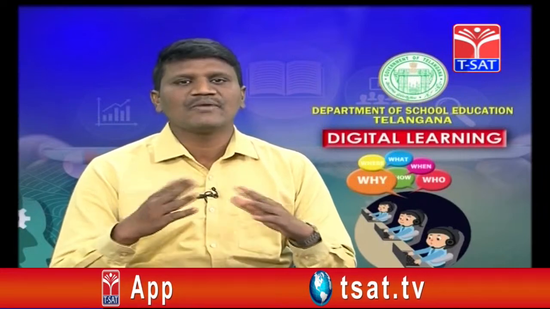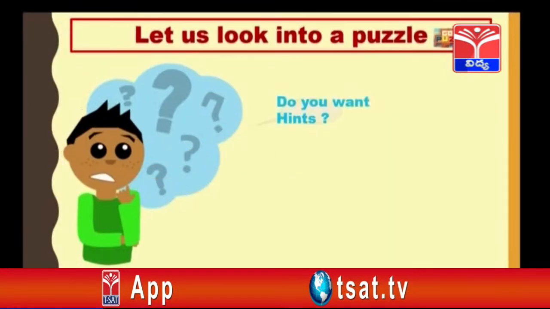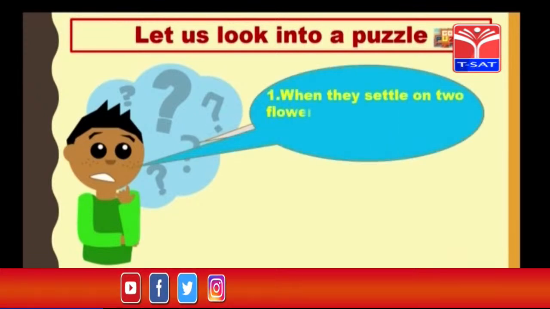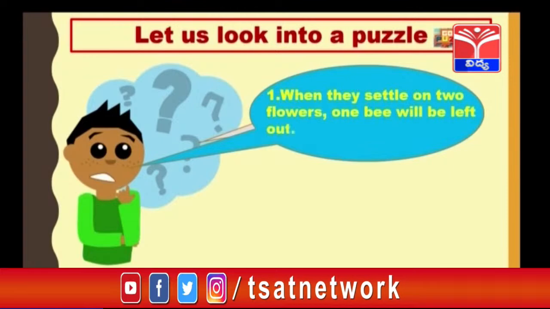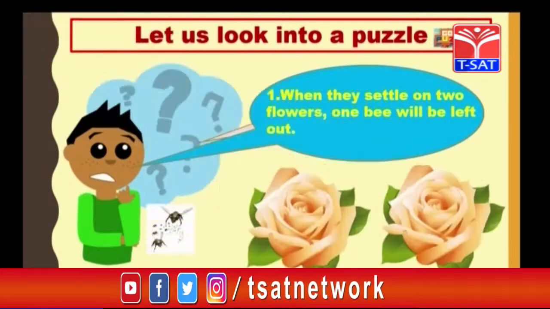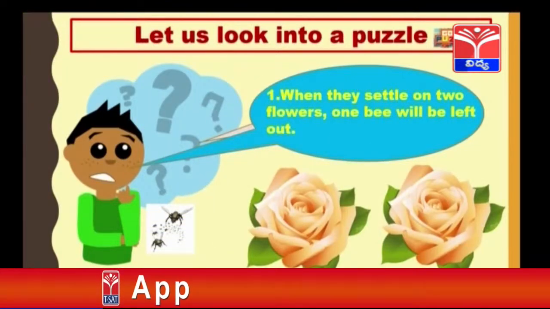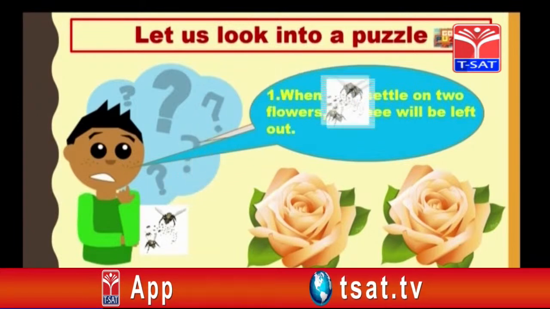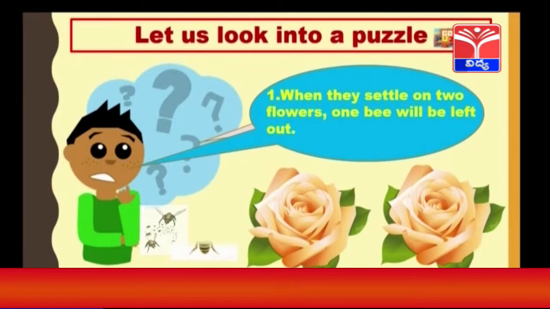So let us see some hints. The first hint is, when they settle on two flowers, one bee will be left out. That means two flowers are there, an equal number of bees settle on the first flower and on the second flower, then only one bee is left out.